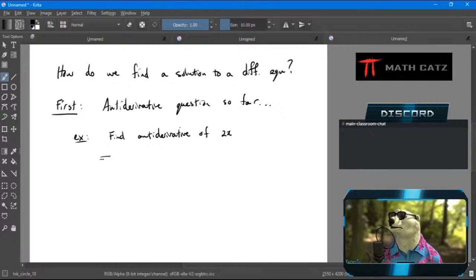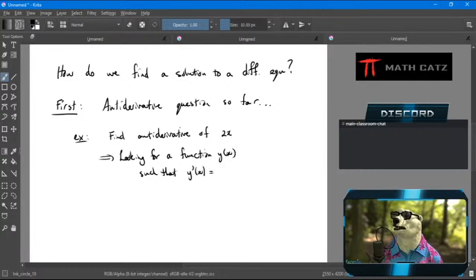That means I'm looking for a function, let's call it y of x, such that its derivative is 2x, right? The antiderivative question was the reverse question than the derivative question.